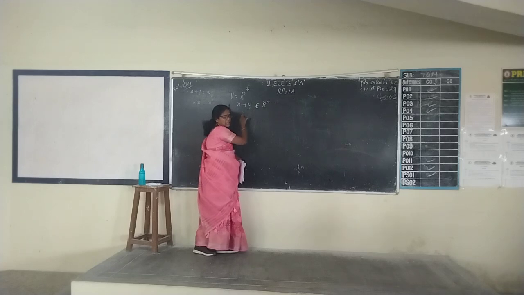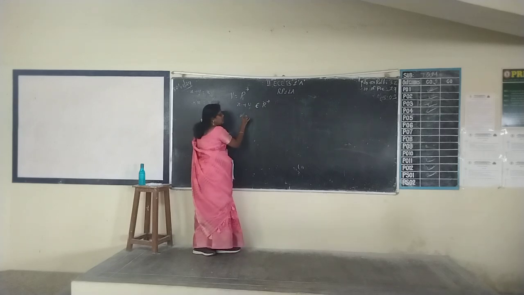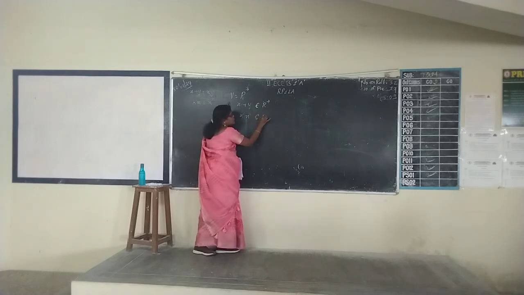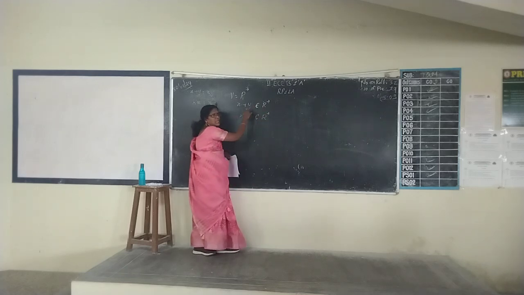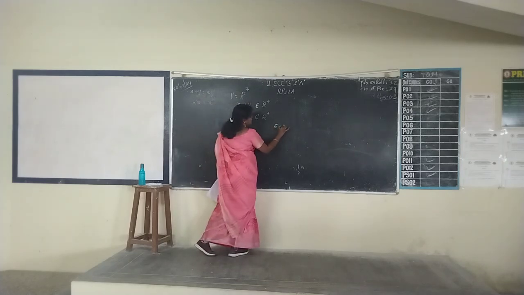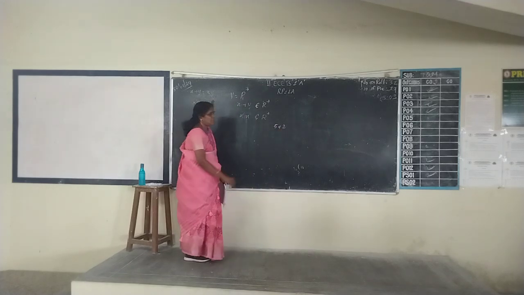Similarly, scalar multiplication: alpha into x. I multiply a real number x by any constant alpha. What will the resultant answer be? Again a real number, so it belongs to R plus. So vector addition and scalar multiplication are both satisfied. For example, 5 plus 3, what is the answer? 8.